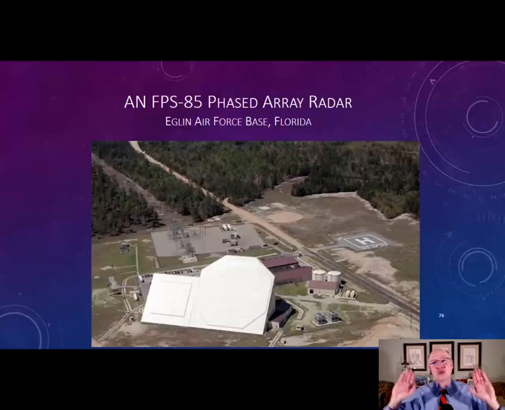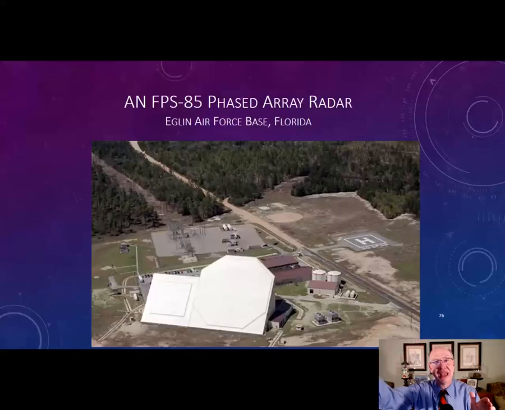What it does is it sends radio waves out into space, and as pieces of satellites and rocket stages and pieces of debris pass through that radar beam, this radar can measure their altitude, azimuth, position, the distance to it, and in some cases the velocity.